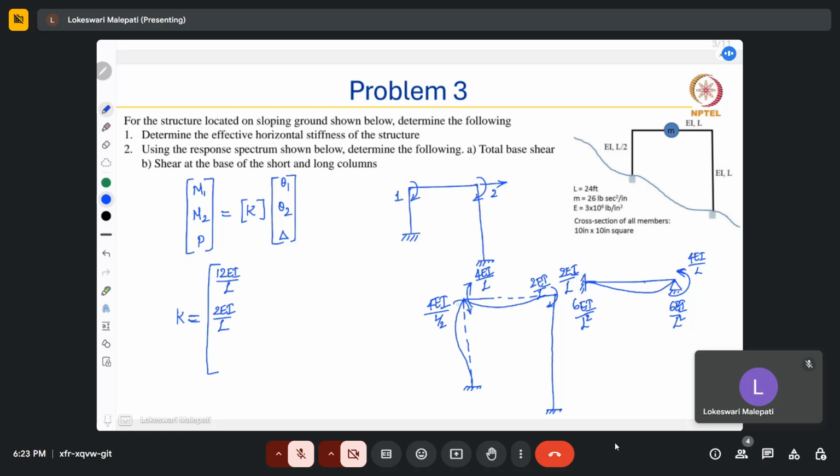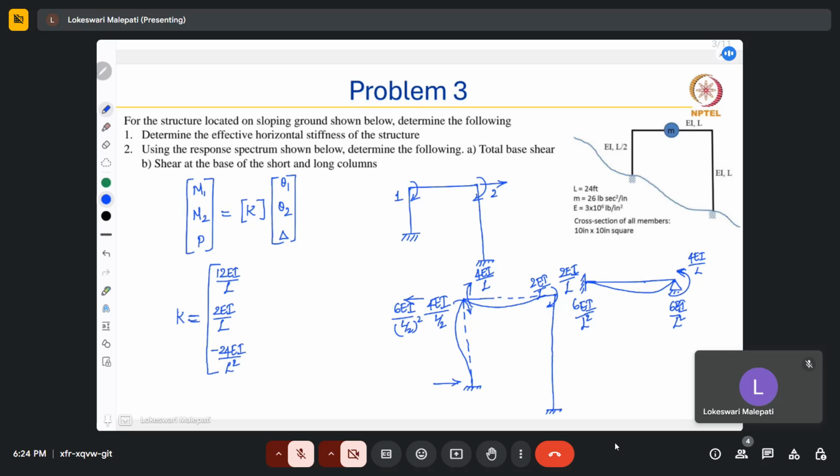So that would be like this, in the direction that is opposing the moments. So that would be 6 EI by (L by 2) the whole square. So this is in a direction that is opposite to the positive convention that we have assumed for the displacement. So this would be minus 24 EI by L square.